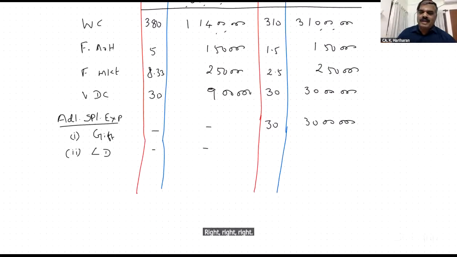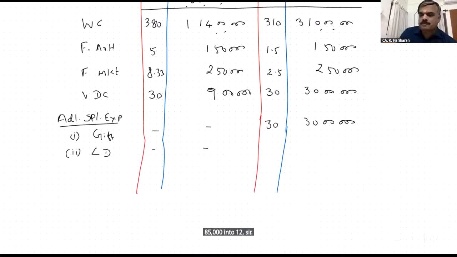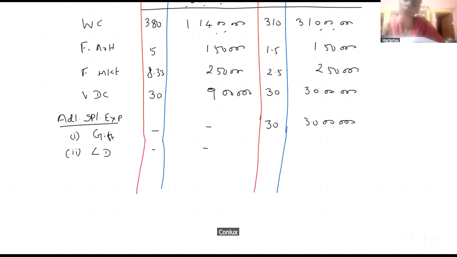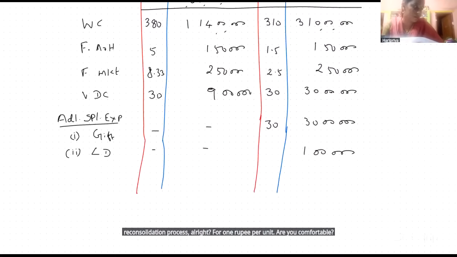So total lucky draw expenses comes to 1 lakh. The answer 1 lakh is correct. Three consolation prizes, 3 into 5,000. For 1 rupee per unit. Are you comfortable?